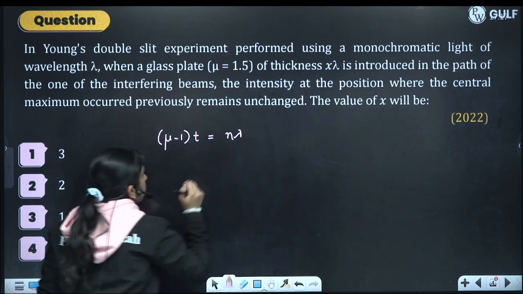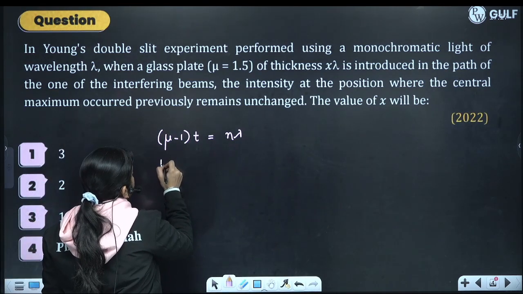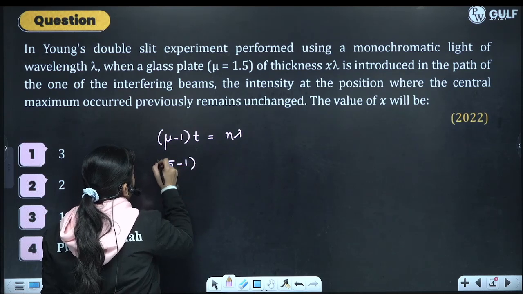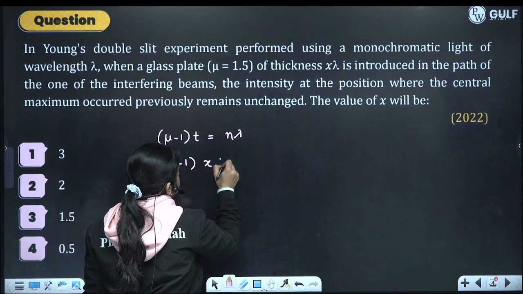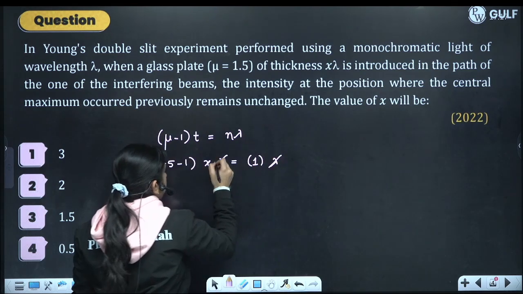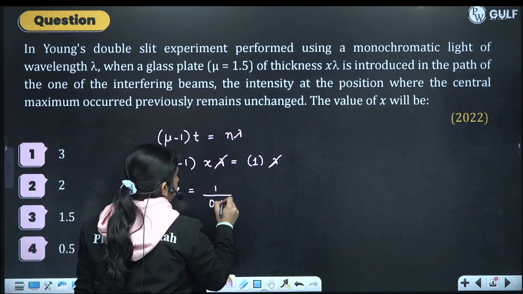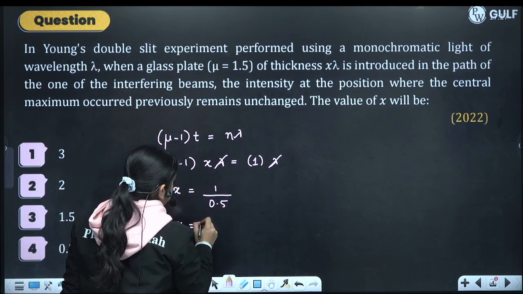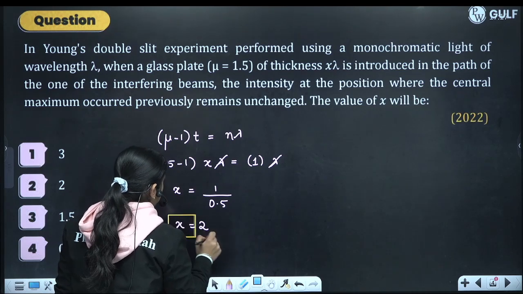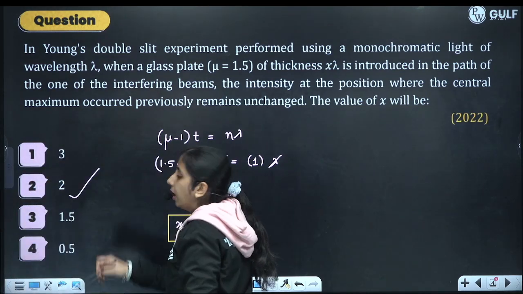Okay, this is the shift. So for maxima, first we will take n as 1. So 1.5 minus 1 into t, which is x lambda, is equal to, take n as 1, into lambda. Lambda and lambda cancel, we will get x as 1 by 0.5, we will get x as 2. Okay, so this will be the answer. 2 will be our answer.